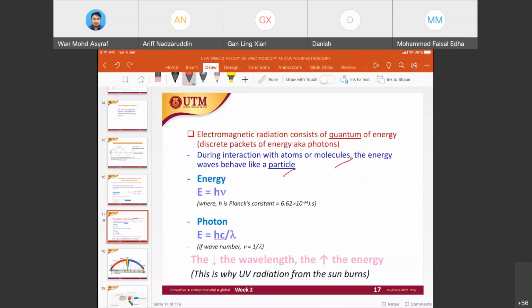So energy equals hv, where h is the Planck constant and v is the frequency. For a photon, E equals hc over wavelength. Since the frequency can be expanded, E equals hc over wavelength.